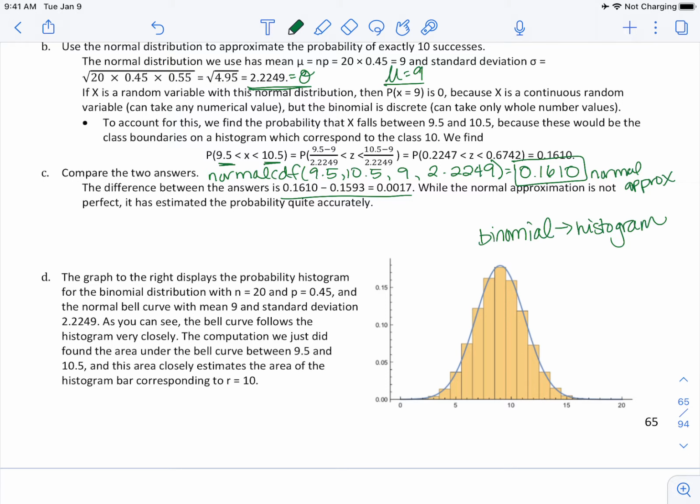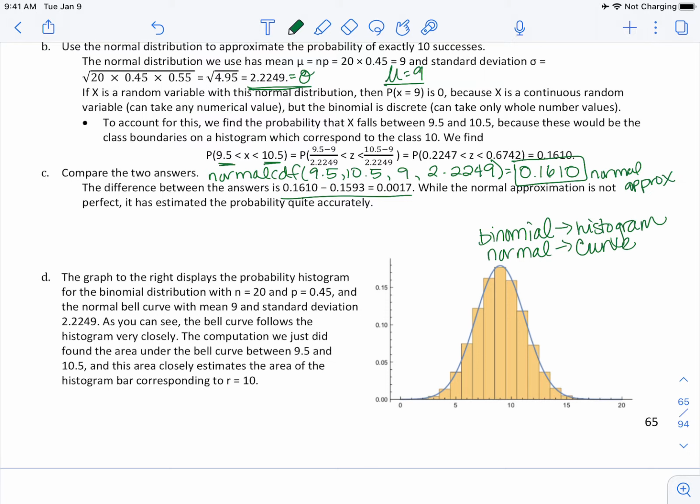And it also gives the normal bell curve with the mean of 9 and standard deviation 2.2249. So again, the normal distribution is the curve. As you can see, the bell curve follows the histogram very closely. The computation we just did found the area under the bell curve between 9.5 and 10.5.